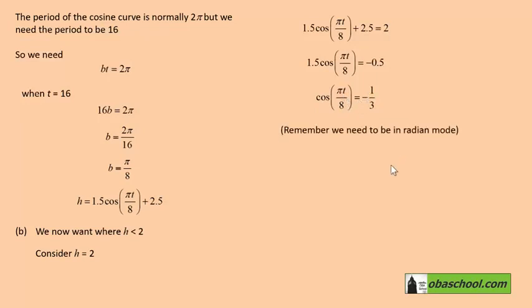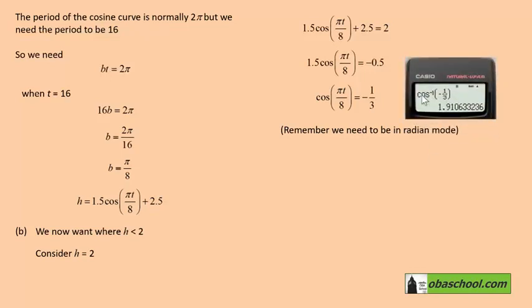And remember here, we need to be working in radians. Now, the inverse cosine of negative 1/3, if we work in radians, is 1.9106. So pi t over 8 is 1.9106.